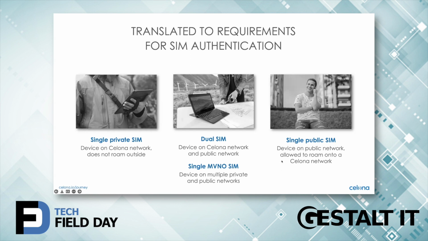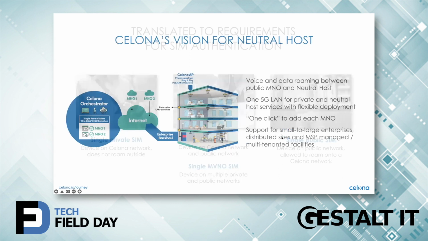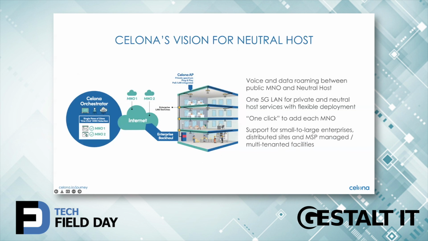Now, if I take you a little bit deeper into the deployment, because you really want this model to be scalable, right? How do you scale this kind of service? And this is showing our ultimate vision here. So you have one 5G LAN network for both private and neutral host service with a very flexible deployment model.